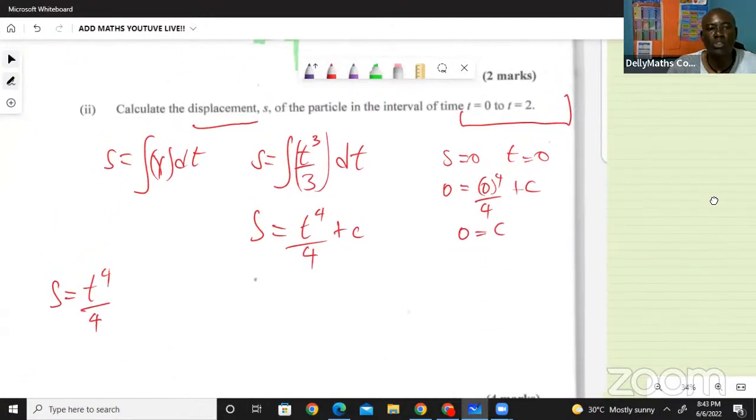Now they said calculate the displacement s of the particle in this interval. We're moving from 0 to 2.